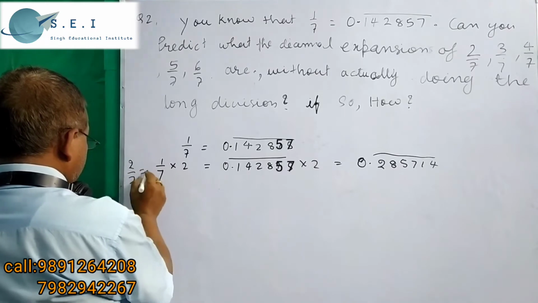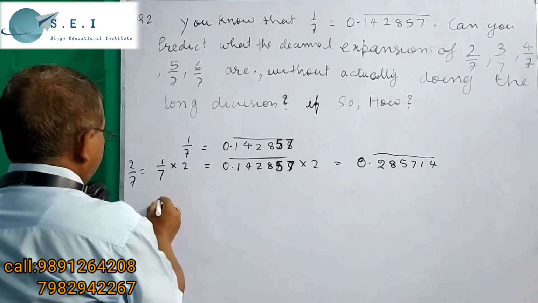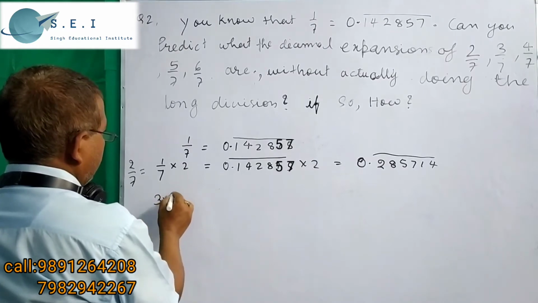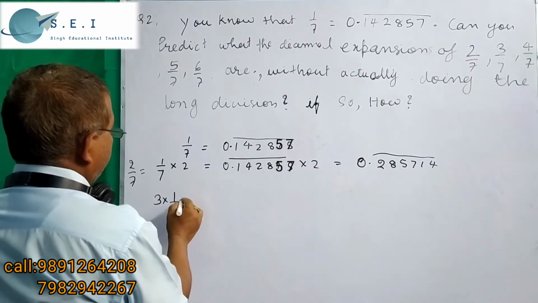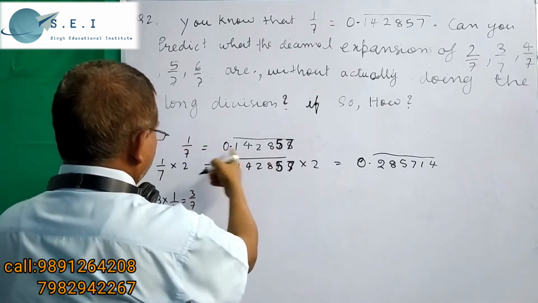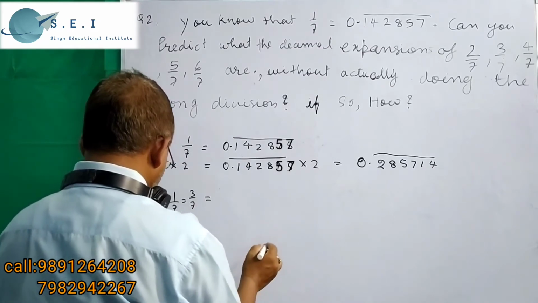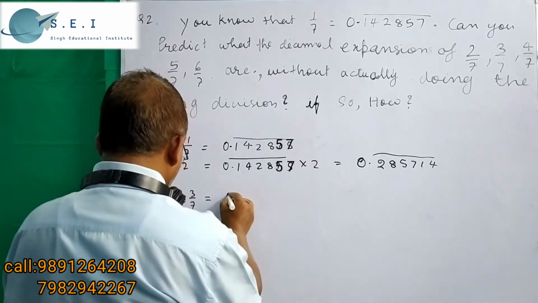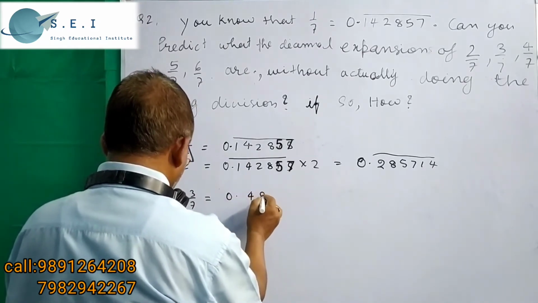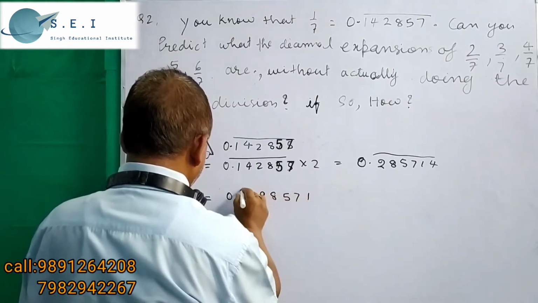Similarly, 1 upon 7 is multiplied by 3 to get the value of 3 by 7 on either side. If we multiply 3 on both the sides, we get 3 upon 7 is equal to 0.428571.